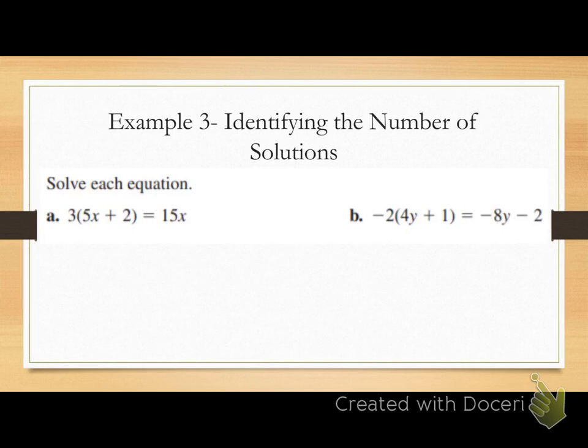We got a number times a set of parentheses, so I can distribute it through my parentheses. 3 times 5x gives me what? 15x. 3 times 2 gives me 6. I still have equals 15x. Okay, I've simplified both sides of my equation. Now what do I need to do?